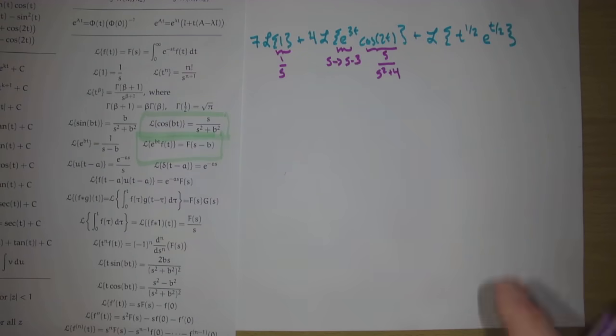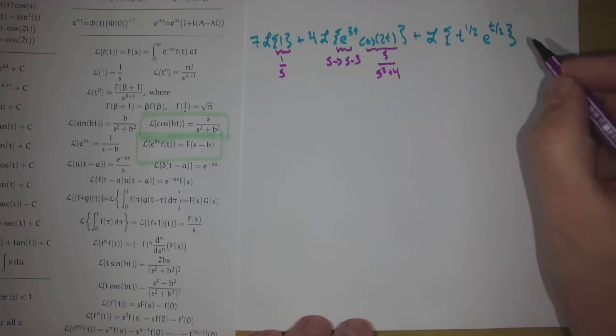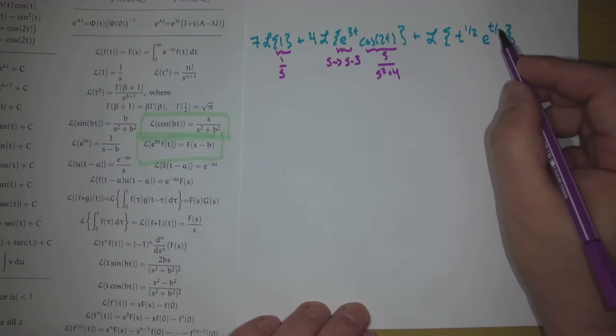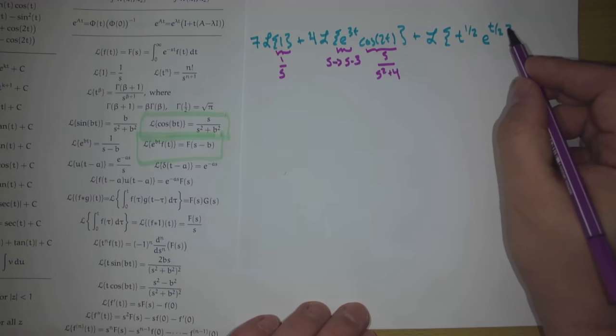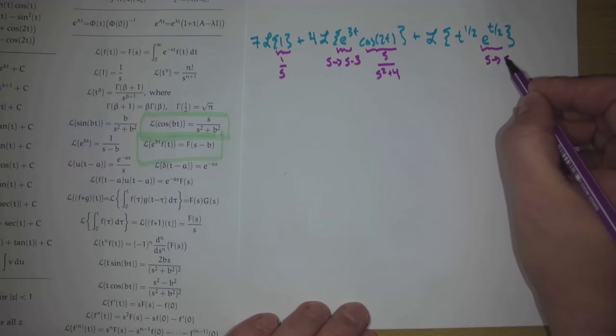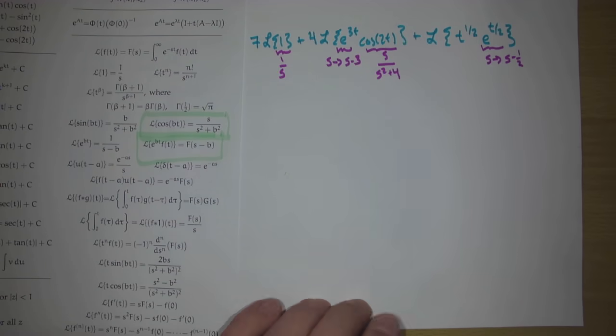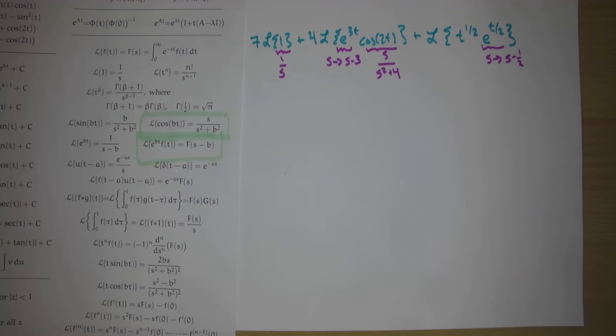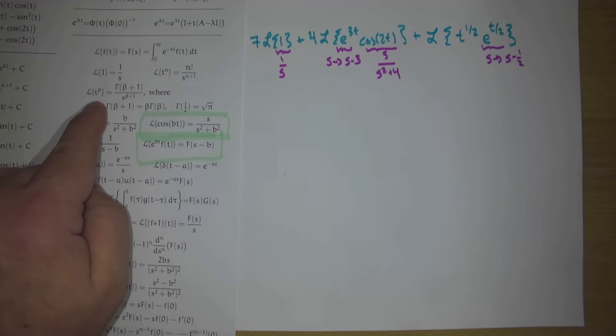All right, now our last term, and again, we see an exponential. Here, this is e to the 1/2 times t, so that says s is going to go to s minus 1/2. That's the shift, our rule here. Now, t to the 1/2. Well, that's t to a number.